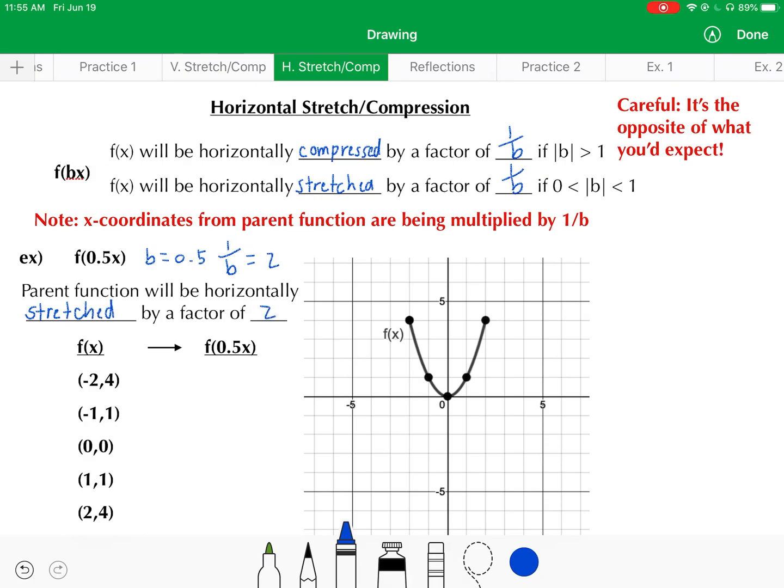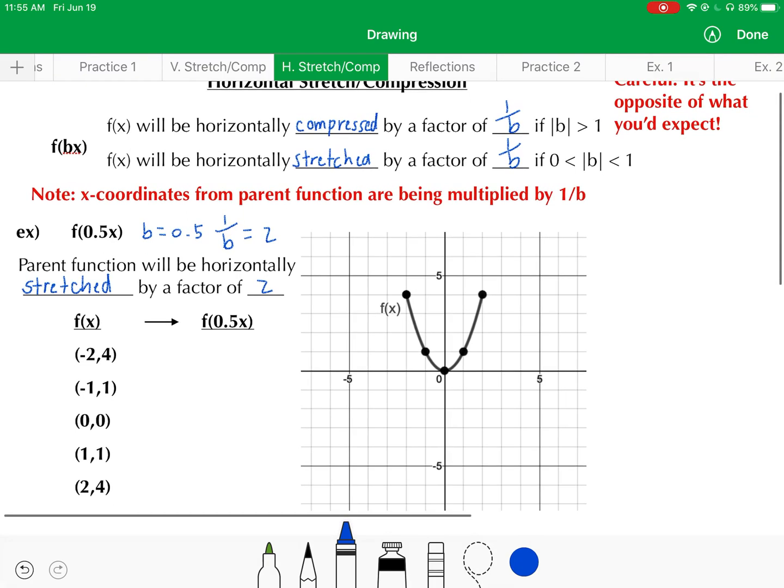Okay? Notice again, even though we have 0.5 within the function, our factor to stretch here is actually by the opposite of that, which is 2.